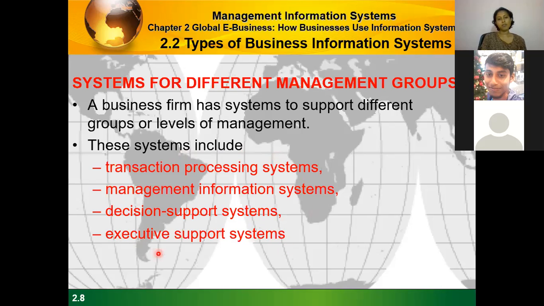These are the four types of information systems that we are going to discuss in this particular lecture. But it does not mean that these are the only systems available within an organization, right? There are many different systems, but for the purpose of this lecture, we have classified them into these four basic types, right? Okay. So moving on.